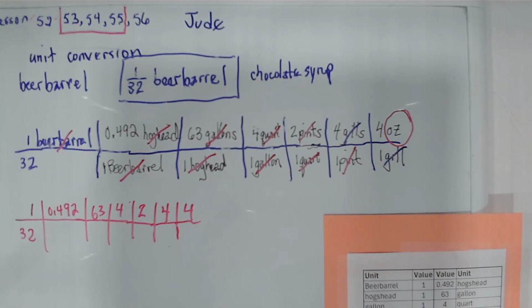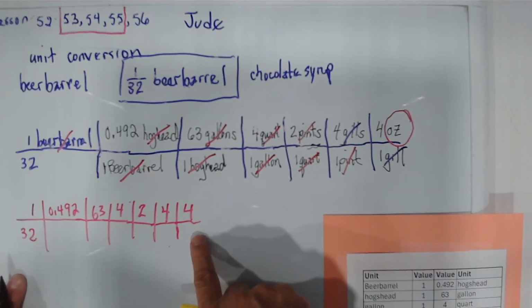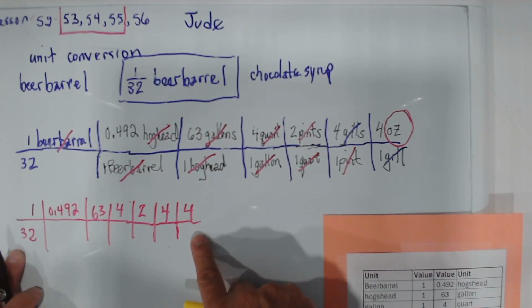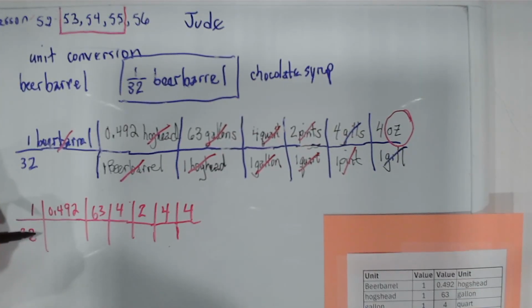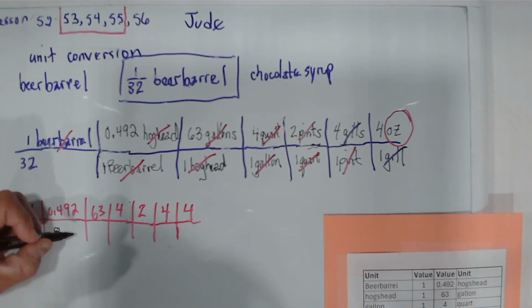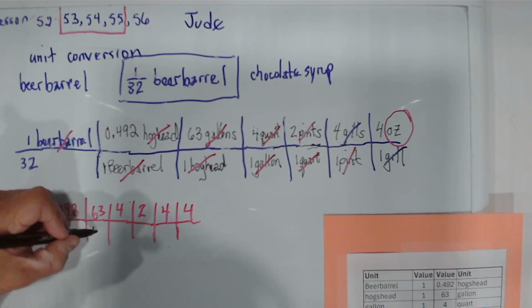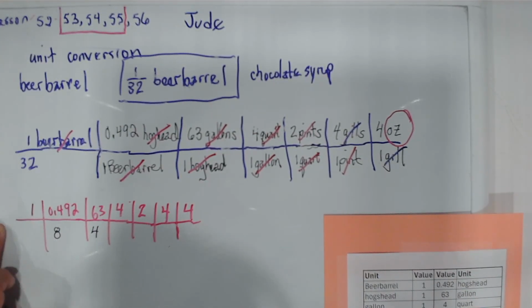Okay, so let's see what we end up with. We've got 32 on the bottom, and let's see what we end up with on top. What are our factors of 32? Well, 3 times 8 is 24, 8 times 4 is 32. So I can write down 8 and 4, and that's the same as 32.